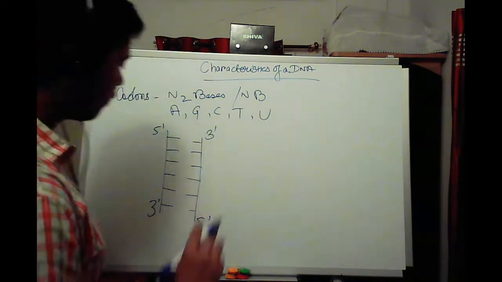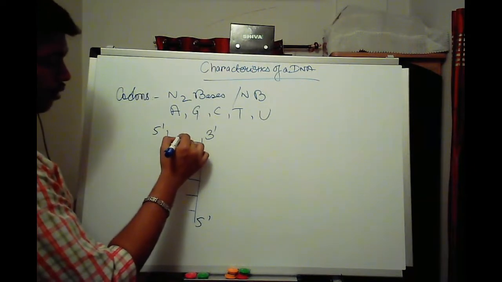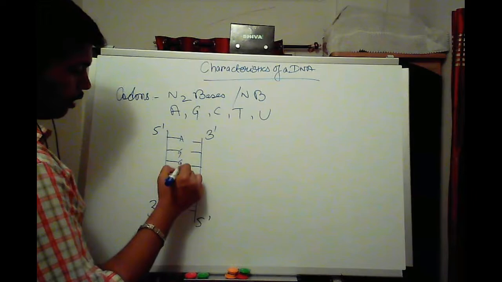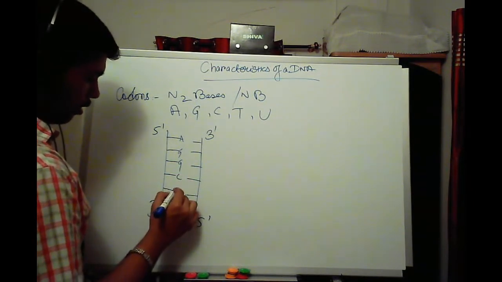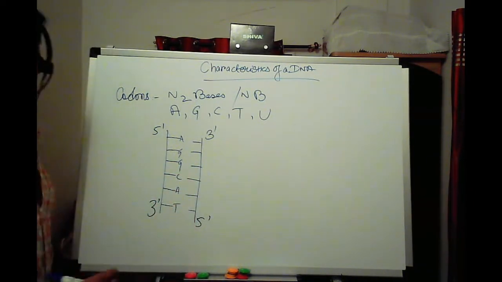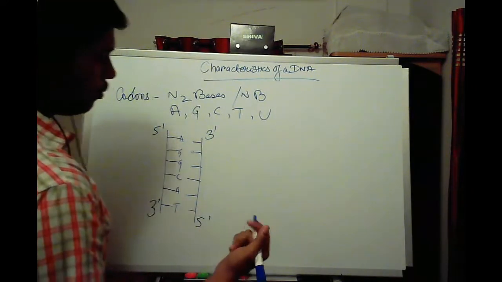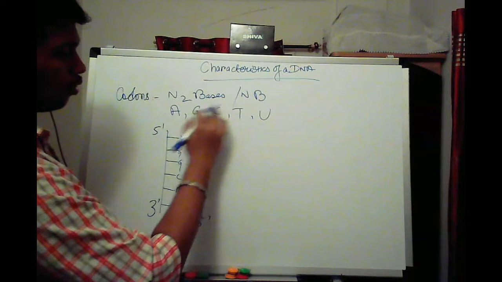And there is adenine, guanine, guanine, cytosine, adenine, thymine. So one more set of codons.